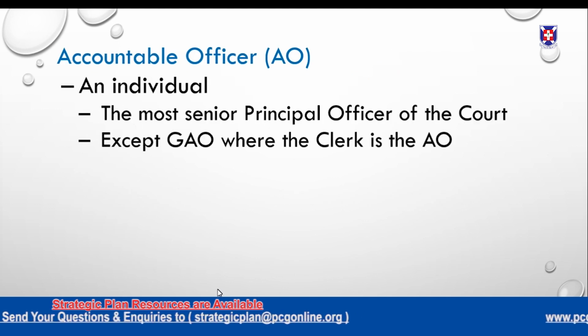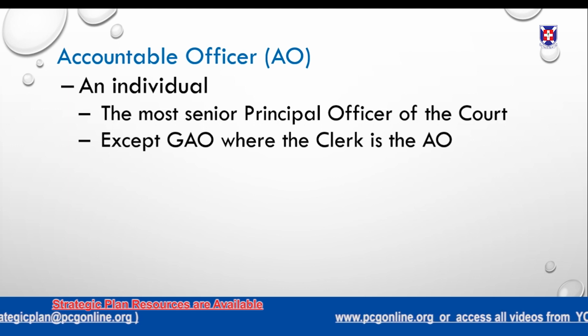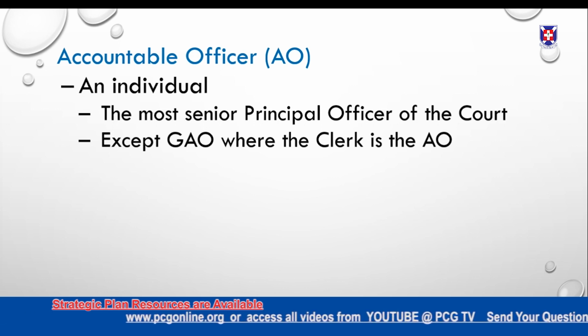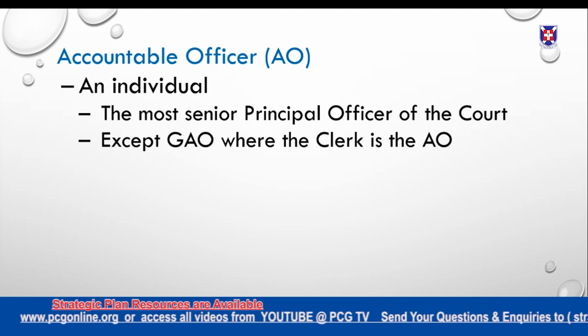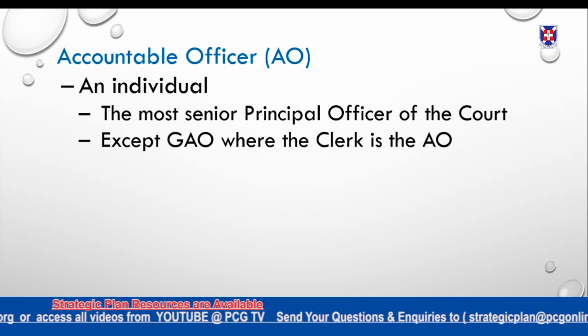So who is the accountable officer? We say it's an individual. This is very important because our church operates on courts, councils, committees, but we also name people and give them responsibility. So when it comes to who is accountable, it's an individual who works within the court and is the most senior principal officer of the court.